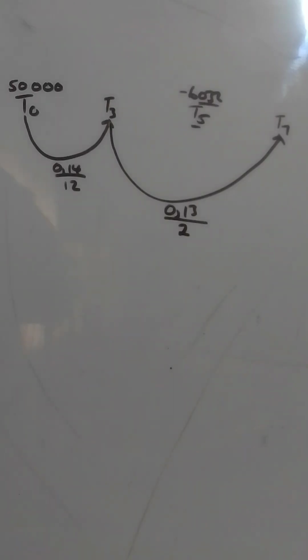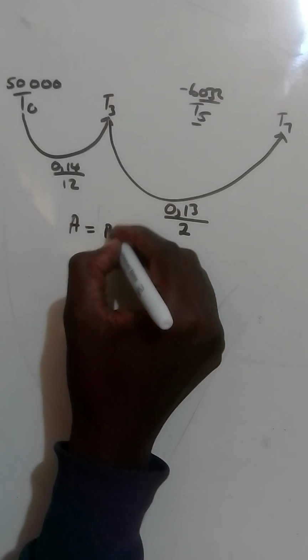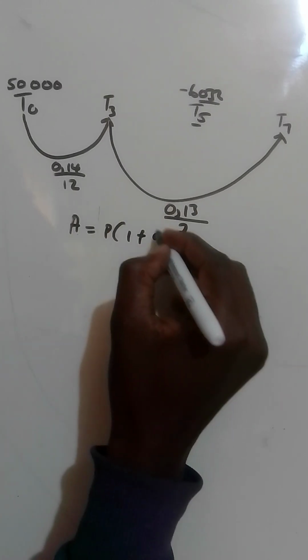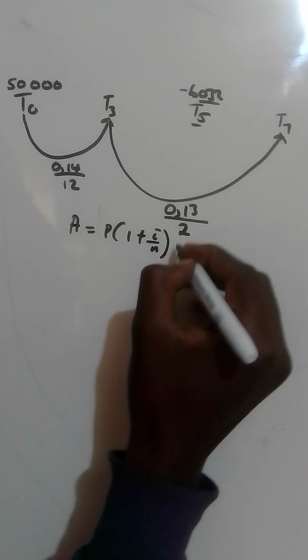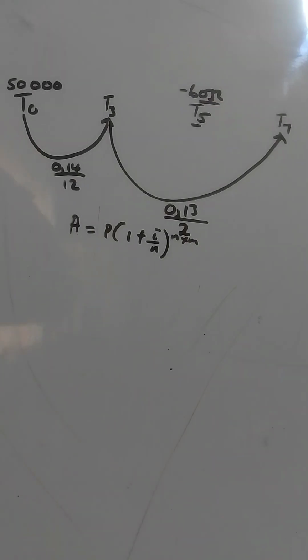Now I come here and I say that A is equal to P, open bracket 1 plus i over n, close bracket to the power n times t. So what will I do? I will calculate the interest for the first 3 years.